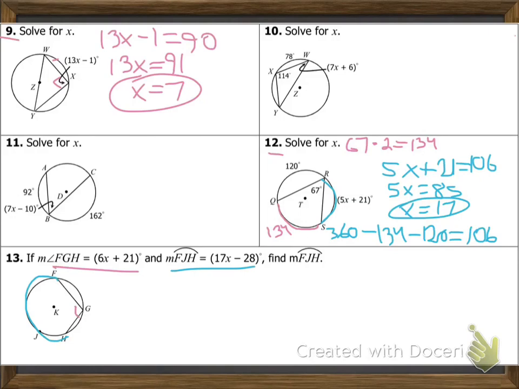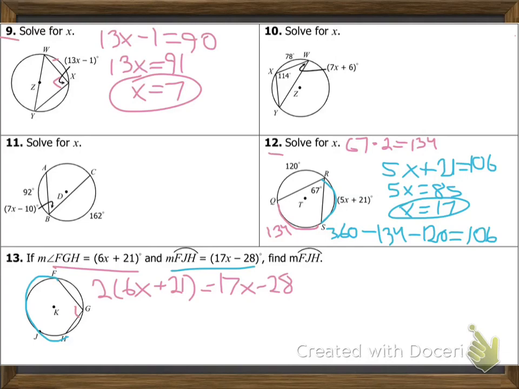So remember, the angle is half the measure of the arc. So what I want to do is I want to set these equal, but in order to do that, I need to take my angle and double it so that they end up being equal to each other. So we're going to have 2 times 6x plus 21 equals 17x minus 28.